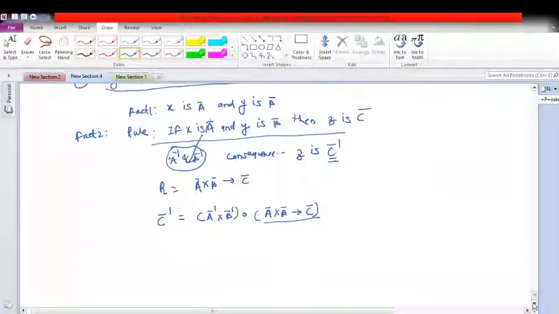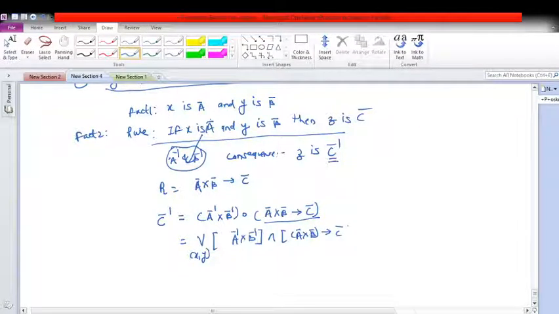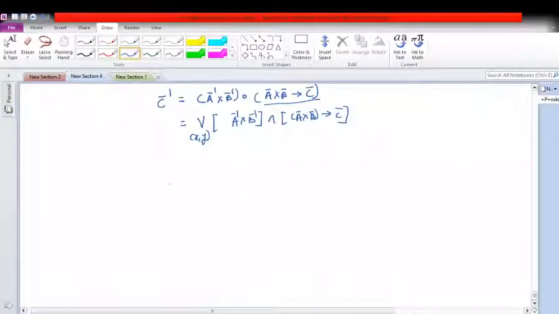Now let us write using max-min composition. How can you write it for max-min? Since there are two antecedents, I have to select max from x and y. So it will be A bar dash coupled with B bar dash, and minimum with the rule R. And what is that rule? It says that A bar coupled with B bar implies C bar. Let us simplify this.